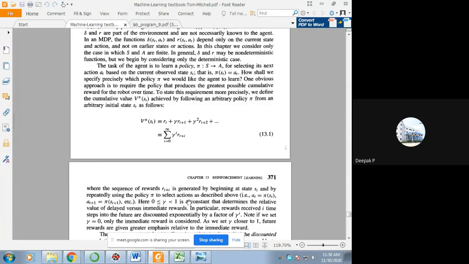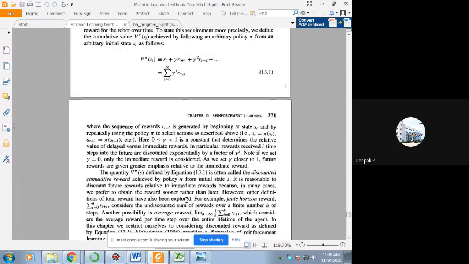Here the sequence of rewards is generated by the states by following the policy function pi. The value of gamma should range between 0 and 1, which is a constant value. If the value of gamma becomes 0, the immediate reward has to be applied.